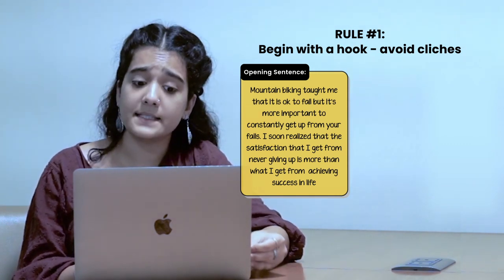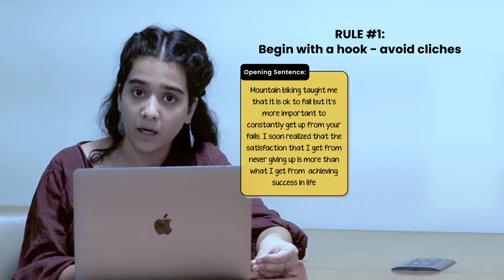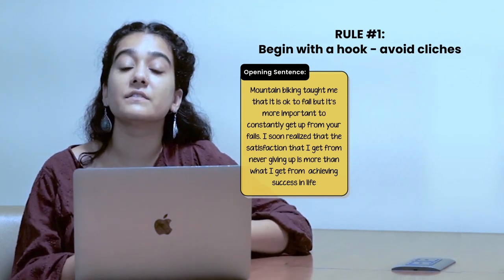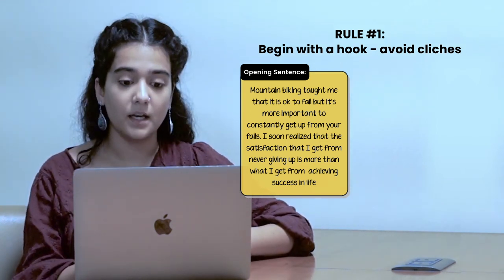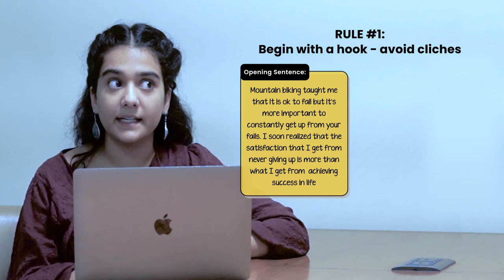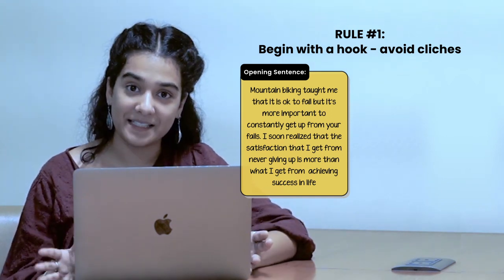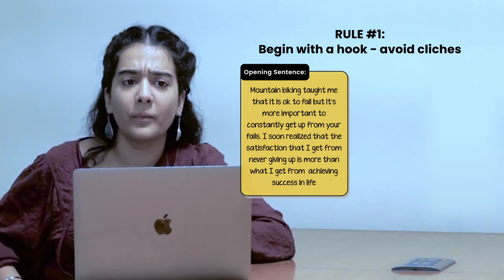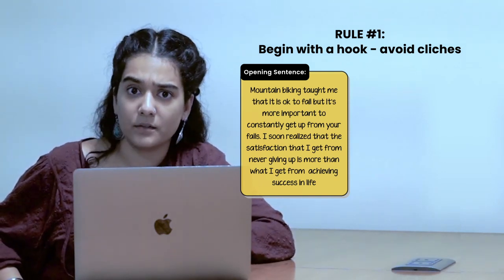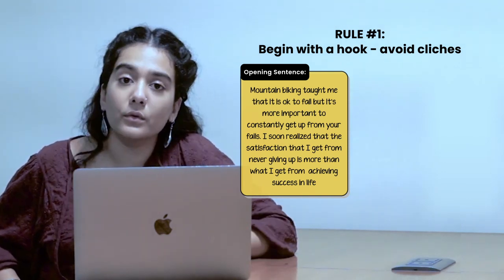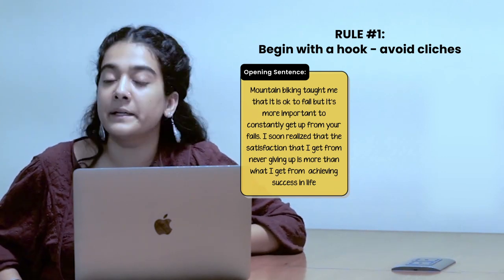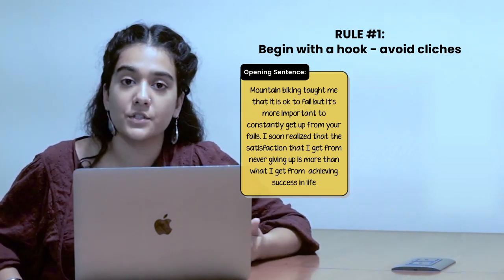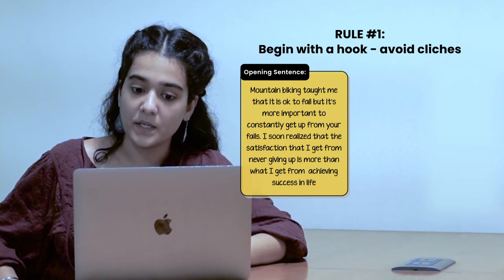I soon realized that the satisfaction I get from never giving up is more than just achieving success in life." Again, it's a very broad kind of statement, right? This sweeping statement that it's important to get up from failures in order to achieve success. We all know that. We all know that when we fail, if we try again and again, then we will eventually succeed. What is new in that, right?